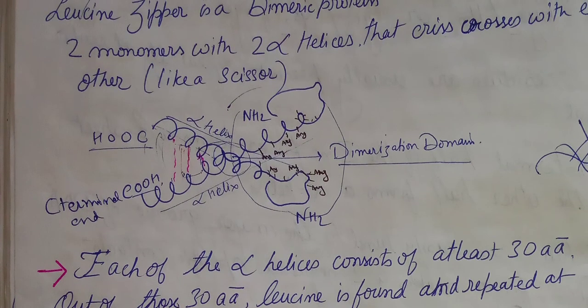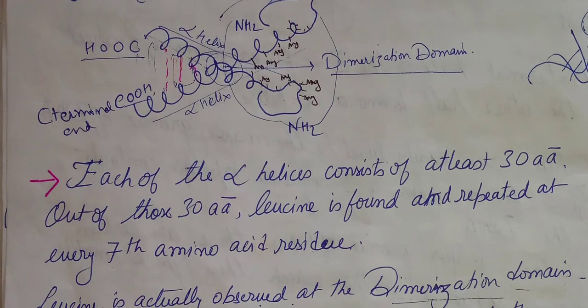Each alpha helix that we are talking about consists of at least 30 amino acid residues, and out of those, leucine is found and repeated at every 7th amino acid residue.